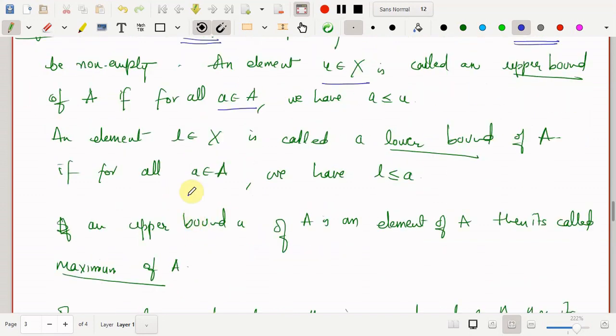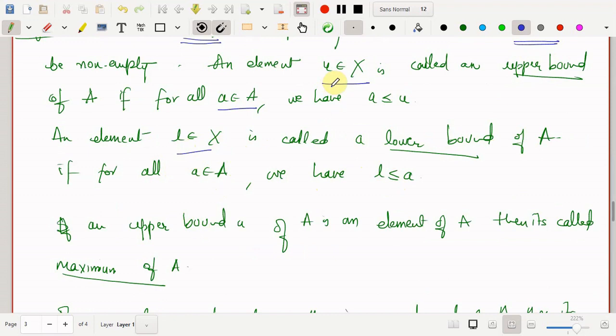Similarly, an element l in X is called a lower bound of A if for all a in A we have l less than or equal to a. That is, l is related to every element of A, then we say that l is a lower bound.